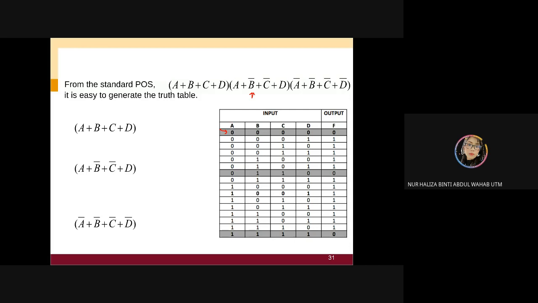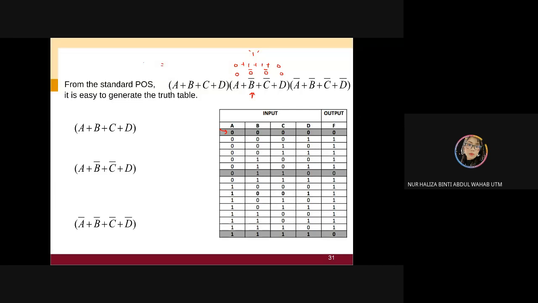I apply A is 0, B is 0 but there is a B bar, C is 0 but C bar, and my D will be 0. Then you're going to get 0, 1, 1, 0. Adding them, you get 1 for your output.